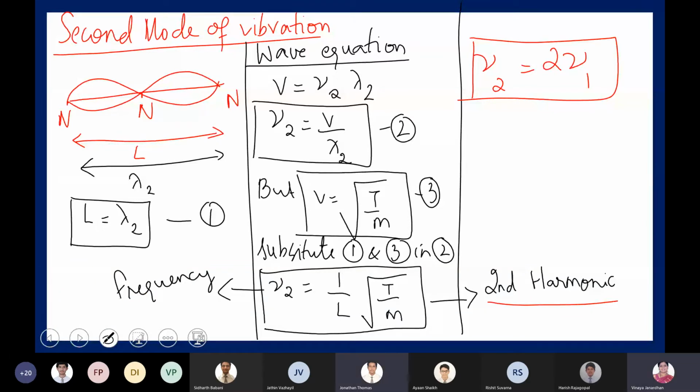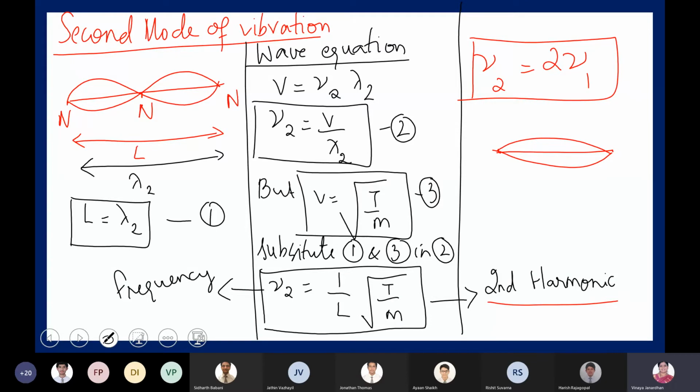Ma'am, can you tell again what these frequencies mean? These frequencies that we're deriving, the formula. Suppose in a wire, if you create a wave pattern like this, you can connect the wire to electrical mains so that the wire begins to vibrate.